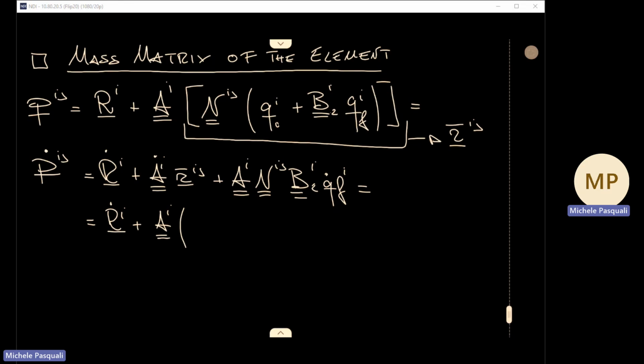Okay, so now we know how to express, we saw it so many times, the time derivative of the rotation matrix resorting to the vector of angular rotation. So basically like this, plus the second part.